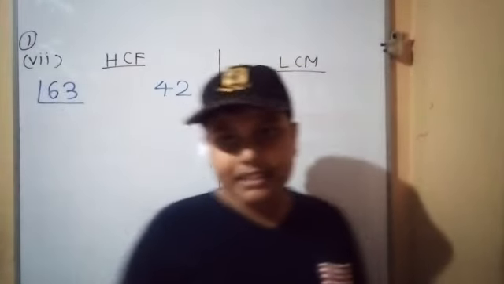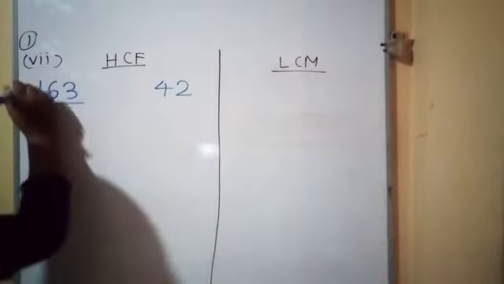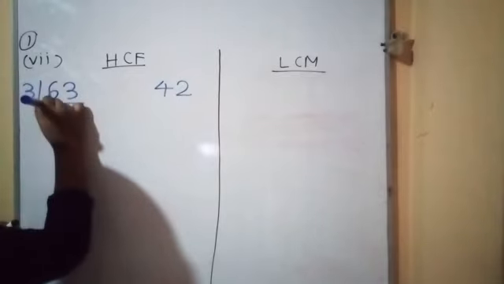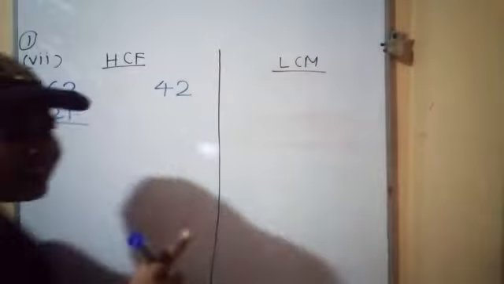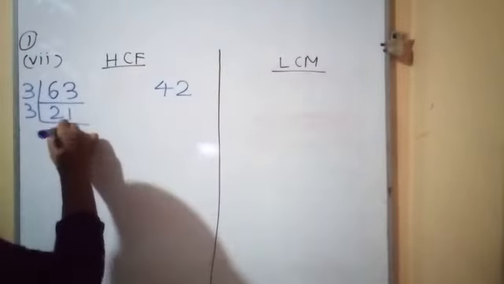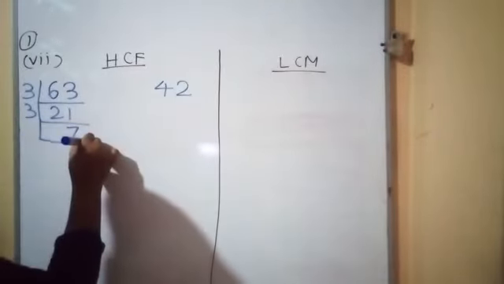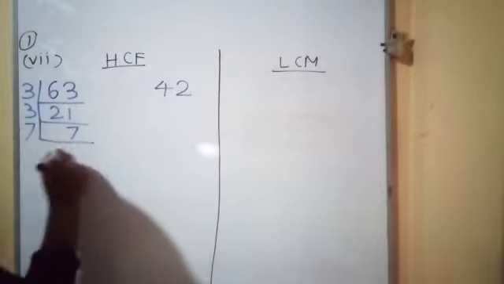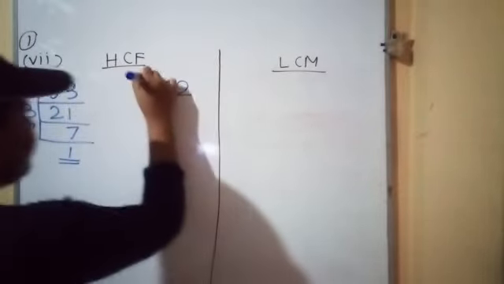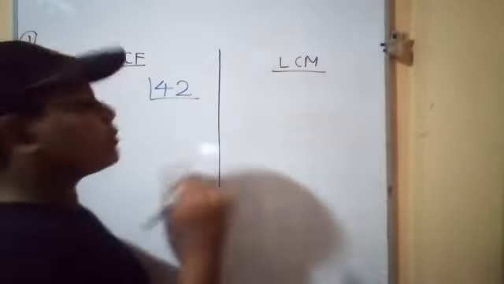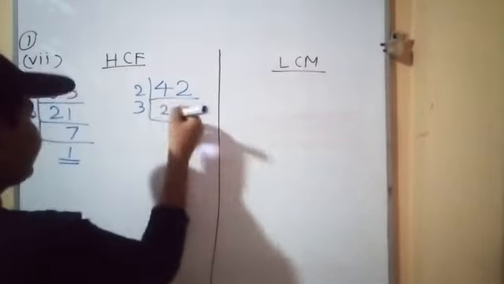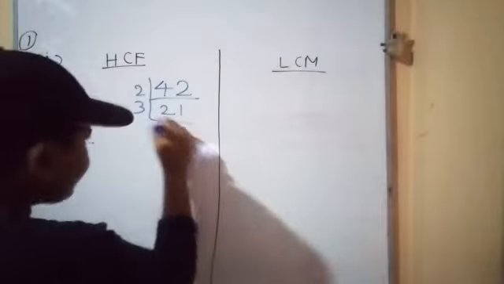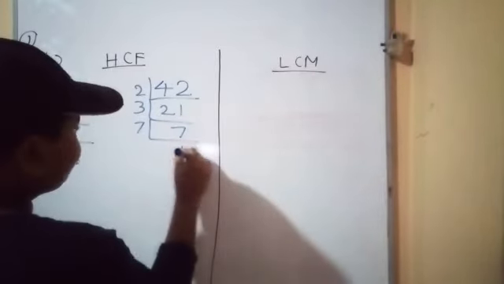Prime numbers. So 63 you can divide firstly by 3, which gives 21. 21 again by 3 gives 7. 7 divided by 7 is 1. For 42, firstly divide by 2 to get 21, then by 3. 21 divided by 3 is 7, and 7 divided by 7 is 1.